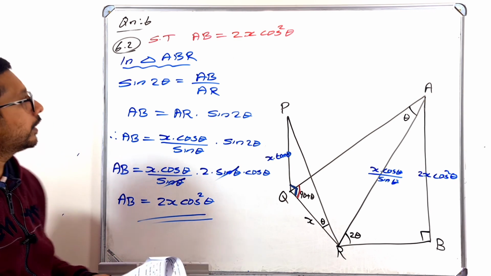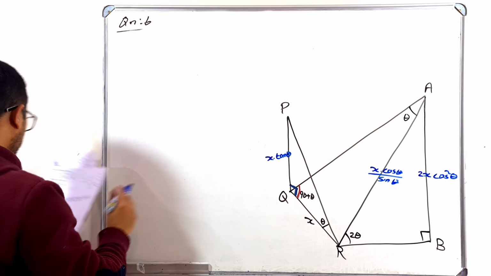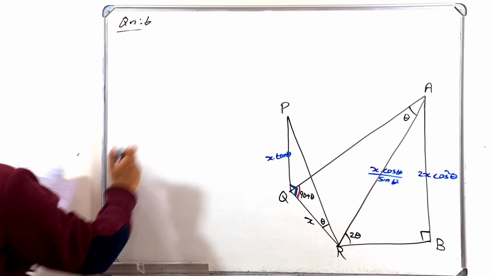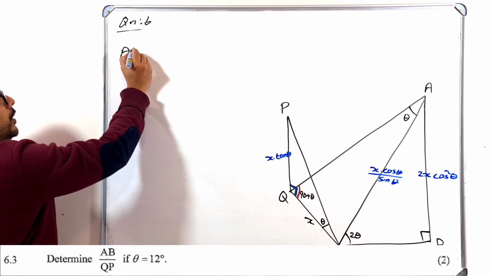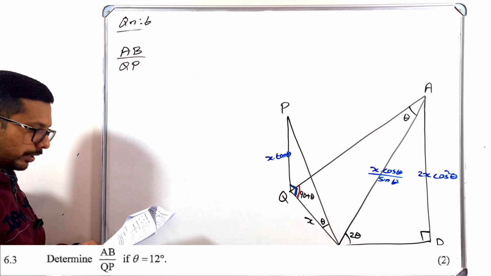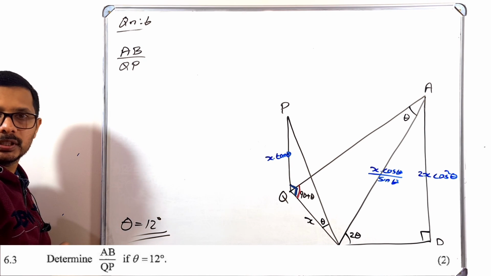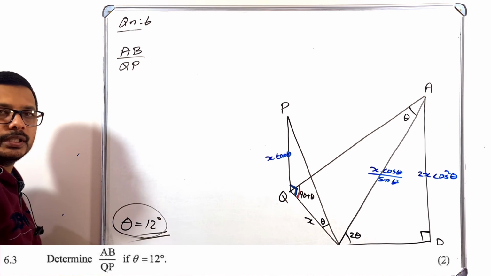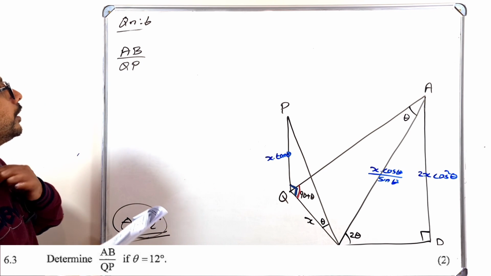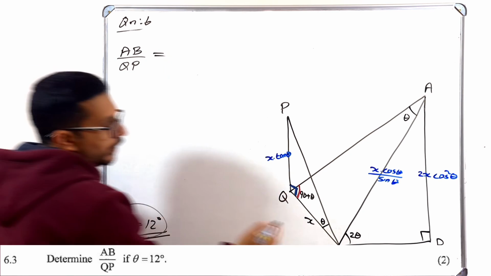Okay, so let me erase this one. So you have to find AB by QP. Determine AB by QP, and it is given that theta is equal to 12 degrees. Okay, don't forget that, theta is 12 degrees. So AB by QP, what is AB?